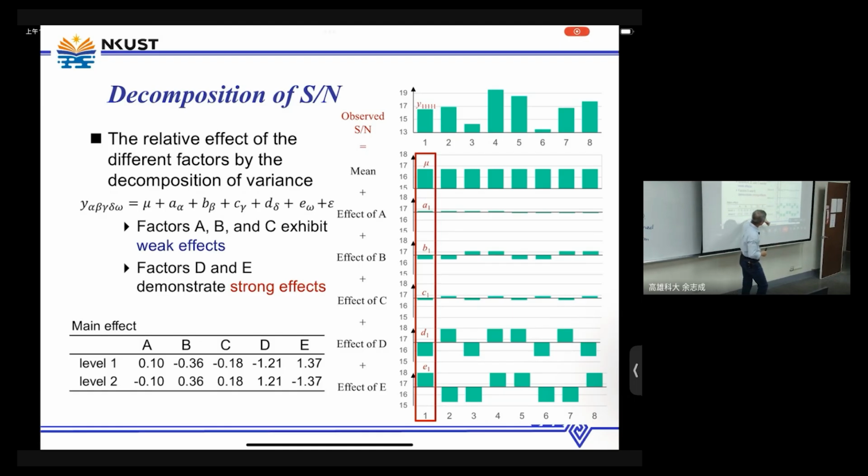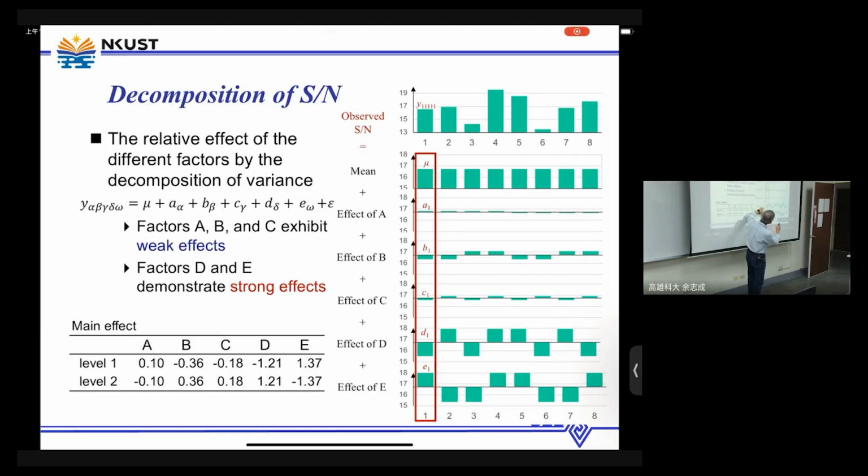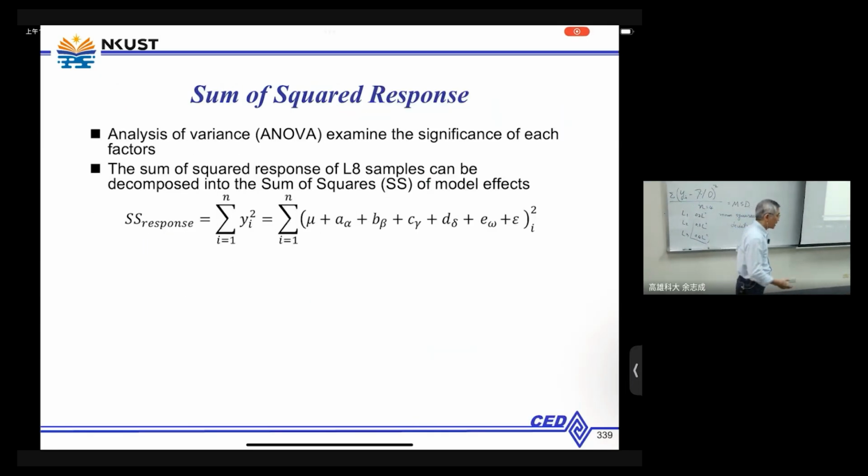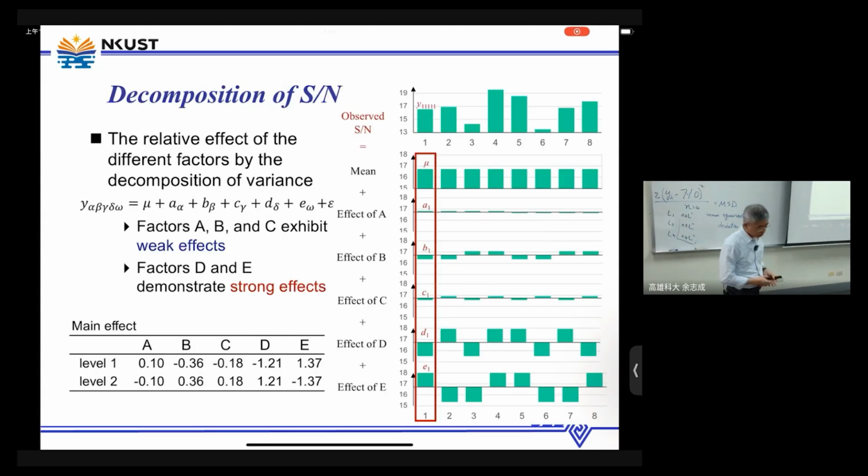From the figure, you can see these 8 outputs are mainly influenced by D and E, because their effects are bigger. You can also get this result directly from the response table, but simply looking at this figure, you can see D and E have a strong influence on the output. Therefore, can we use these pictures to quantify the influence?